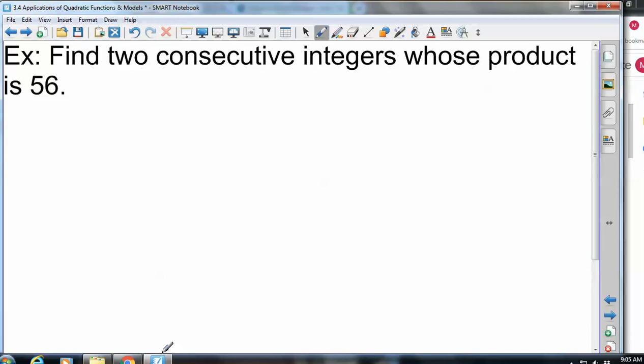So the very first thing that I would expect you to do is define a variable. So if x is the first number, if they're consecutive, how do you get the second number? X plus 1. Right. So x is the first, x plus 1 is the second.